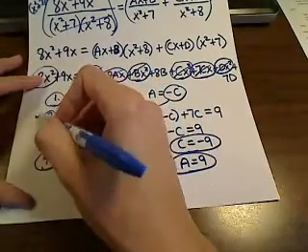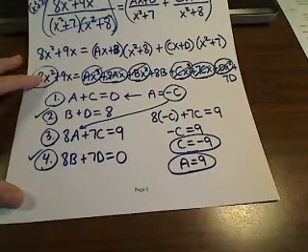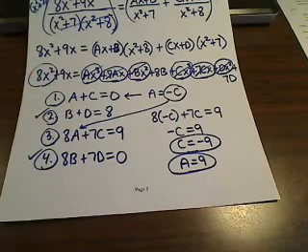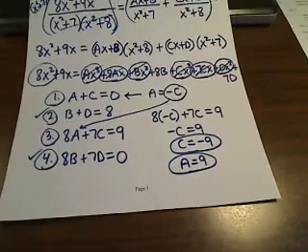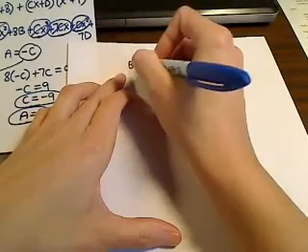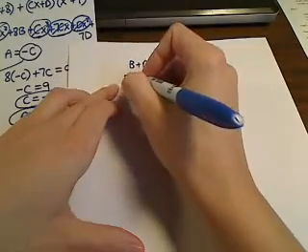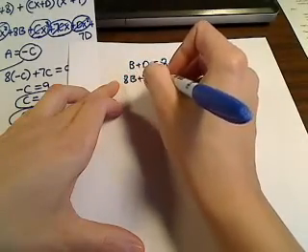Okay, and then I'm going to work with equation 2 and equation 4 to try and get a solution for b and d. So this system of equations, we have b plus d is equal to 8, and then we have 8b plus 7d is equal to 0.